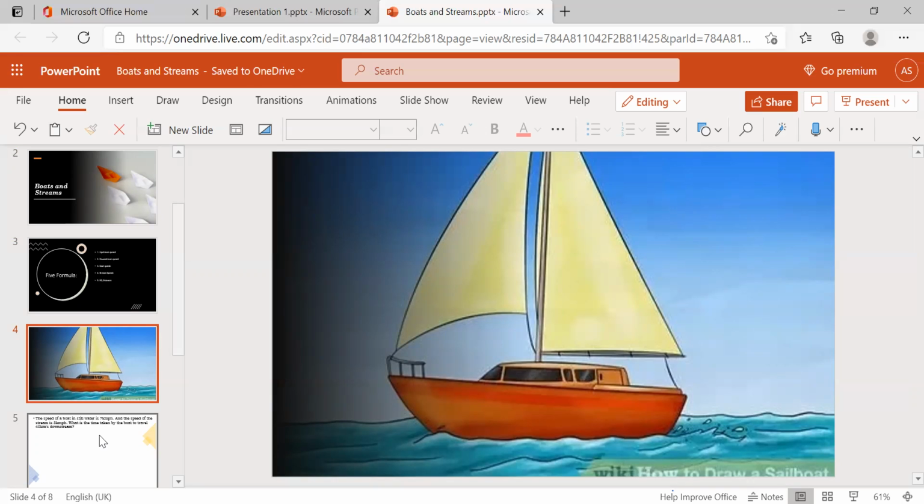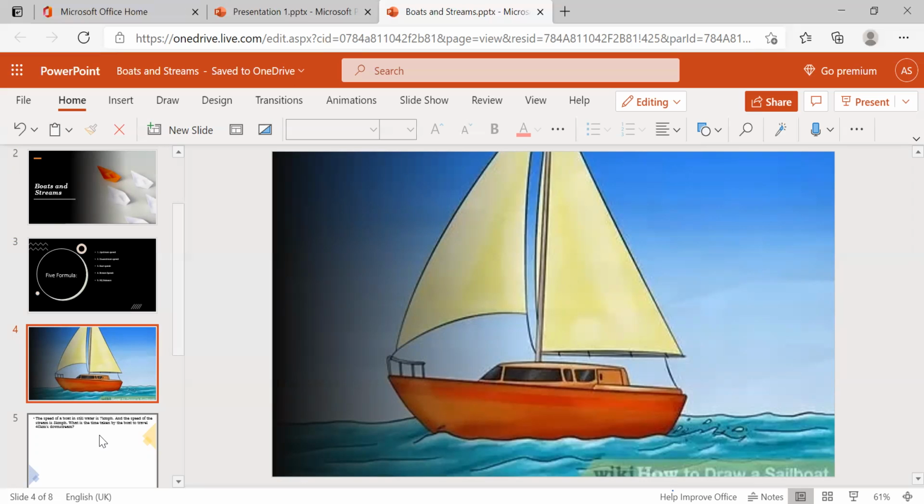Whenever this boat is moving in a river or stream and we get a speed against us, an opposite speed, it is called upstream. Sometimes in some terminology it is called against stream, but many others say upstream only.